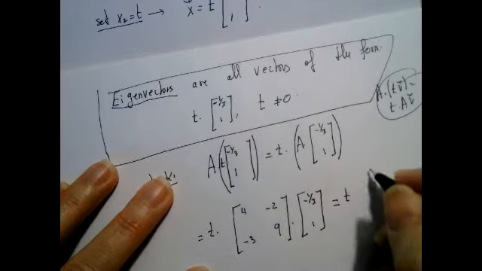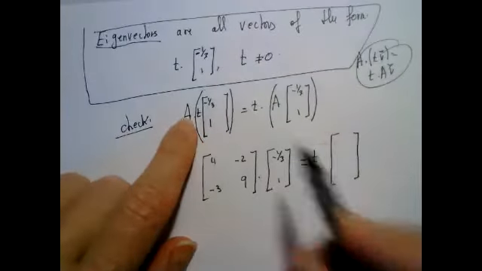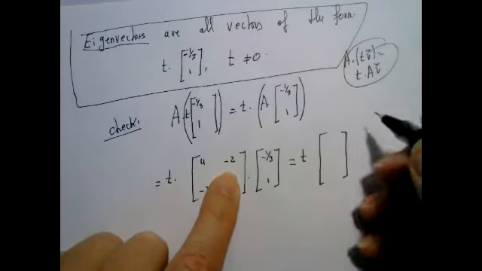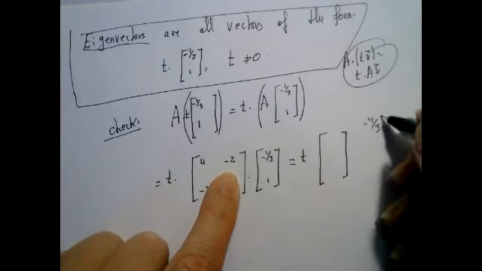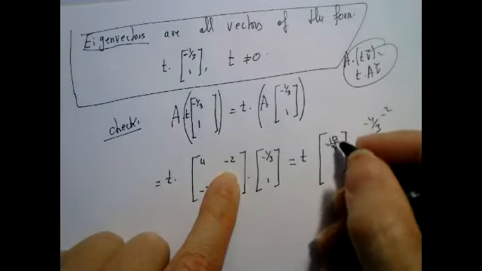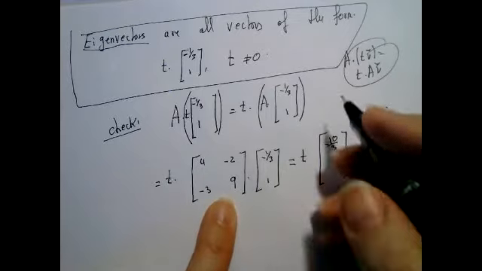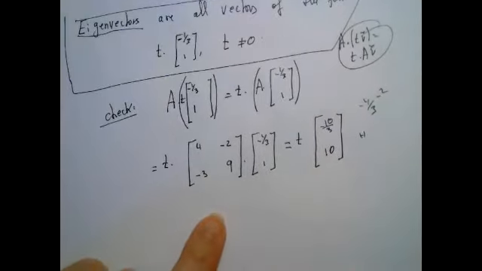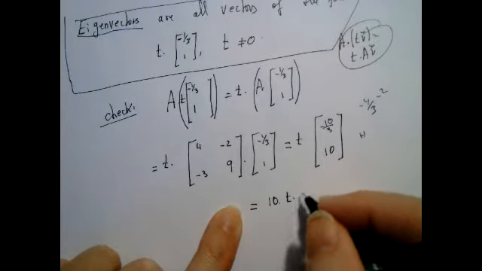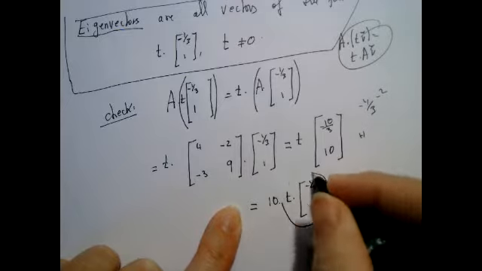Now I do the math and see if I'm actually stretching by a factor of 10, yes or no. Here I'll have minus 4/3 minus 2, which is minus 4 minus 6 over 3, so that's minus 10/3 here. And down here I have minus times minus, which is plus, so I have a 1 plus 9, which is a 10. I'm just multiplying. And now, of course, I factor out my 10. I get t times minus a third and 1. That's my original vector.